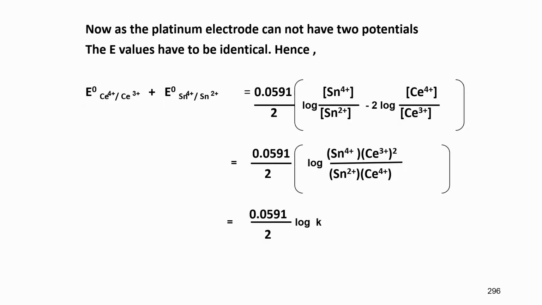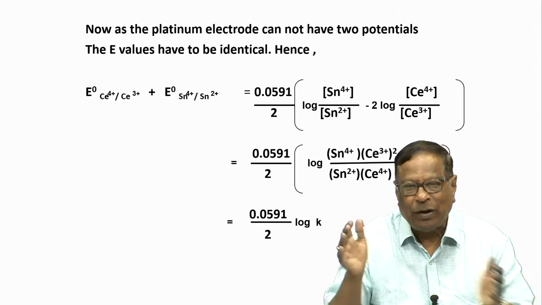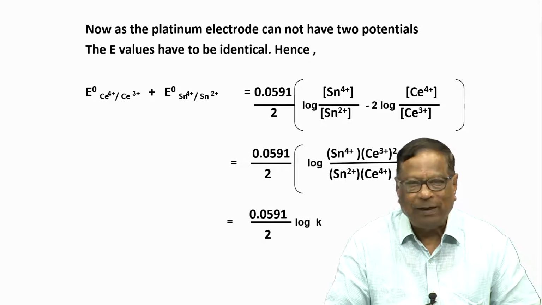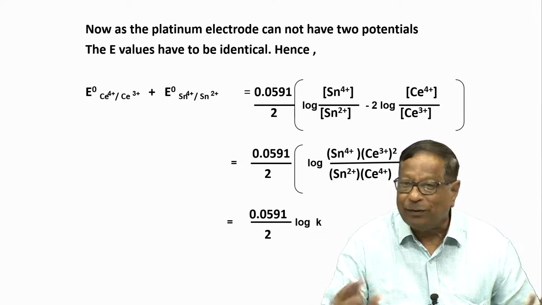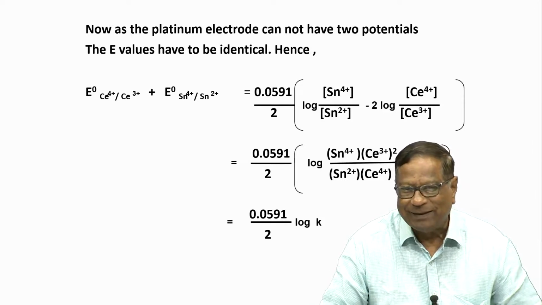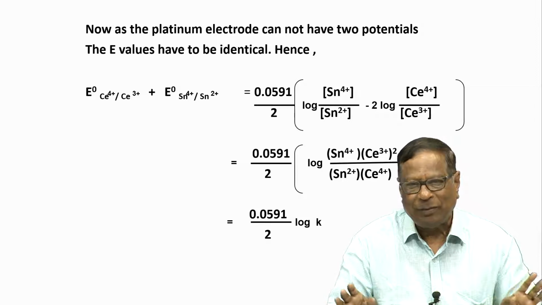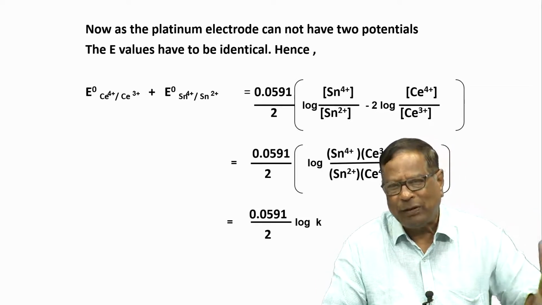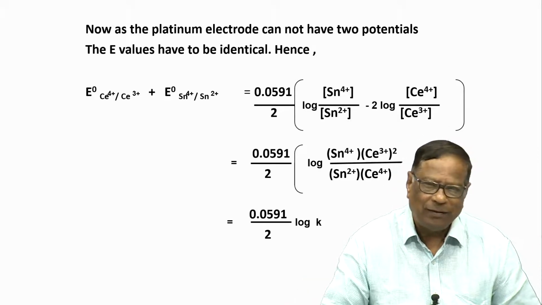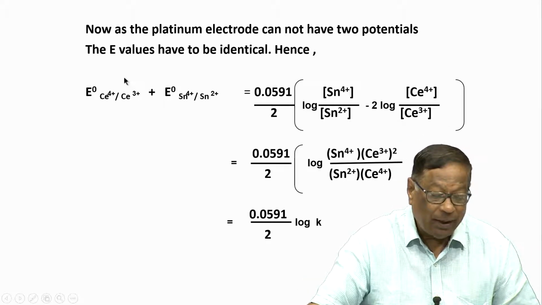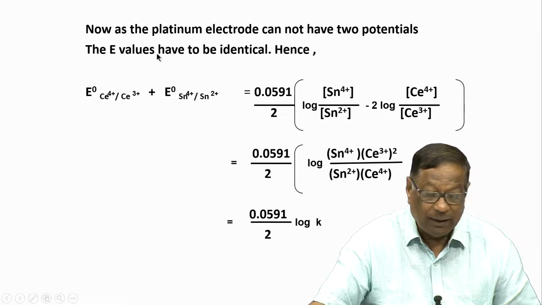The potential for the single electrode has to be same, because all of them are there, it shows one potential. It does not say first I will show you stannic stannous, then I will show you ceric cerous. No, it will not work like that. All species are there. For all the species, that is the EMF value you get. That is same for stannic stannous, you can take it for ceric cerous also. So, the E values have to be identical.